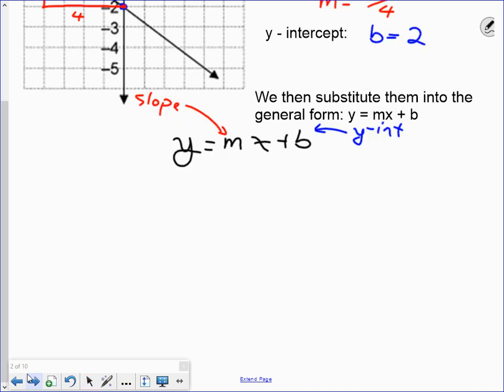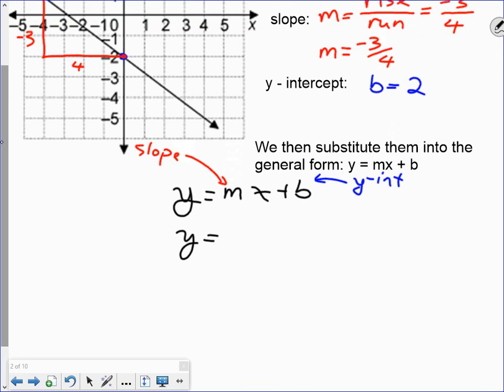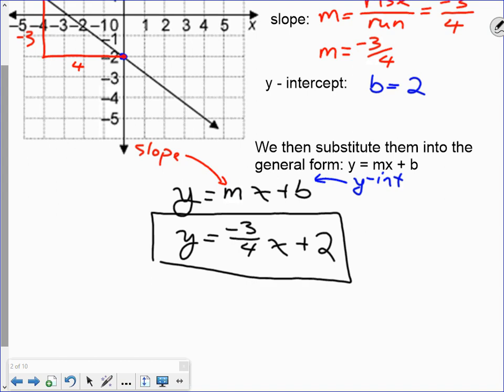So what is our equation going to be? It's going to be y equals, our slope is -3/4, so -3/4 x, and our b value is 2. All right. And there's our equation.